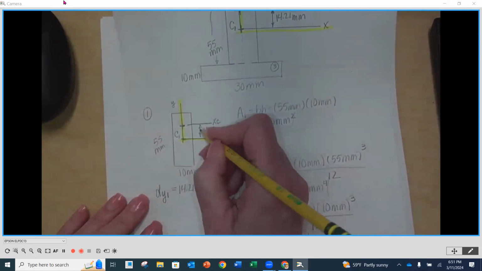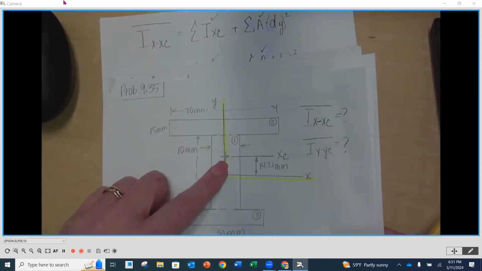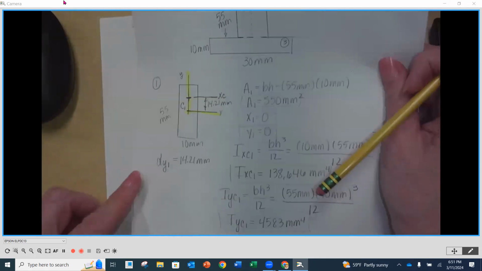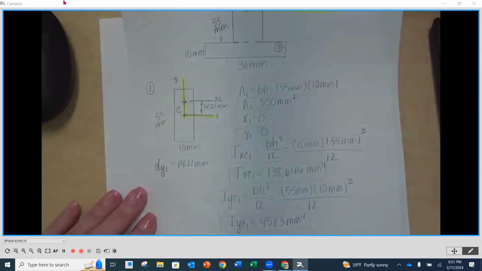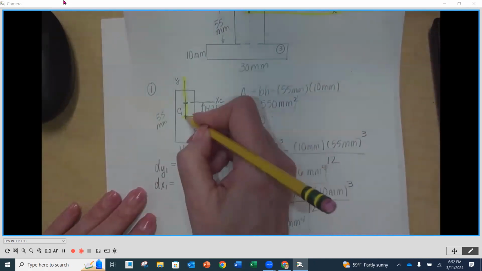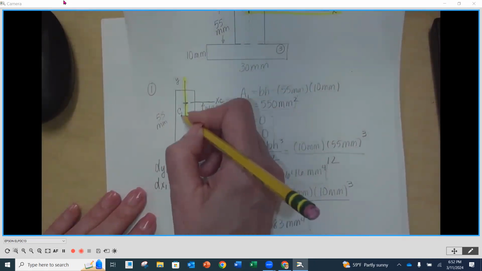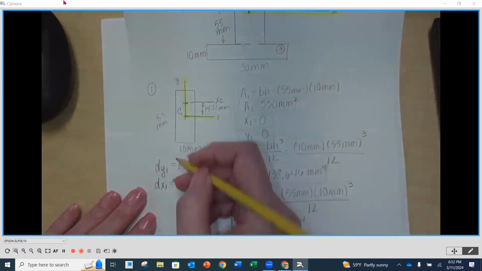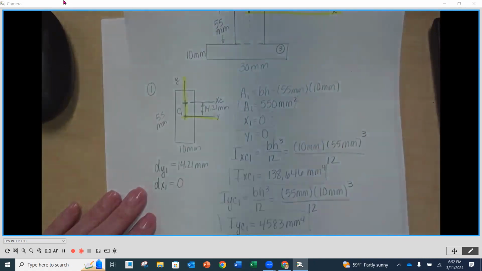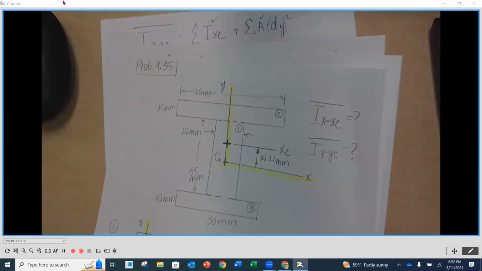Do you see that? Because that's how far it moved, because we were on the centroid of that shape and it went straight up. Now our DX1 is the distance of our centroid from the centroidal axis of our composite. It still goes right through our center, so our DX1 is going to be 0. Any questions there? Now we're going to go to shape number 2.